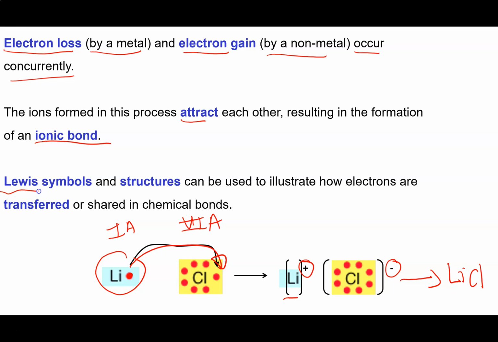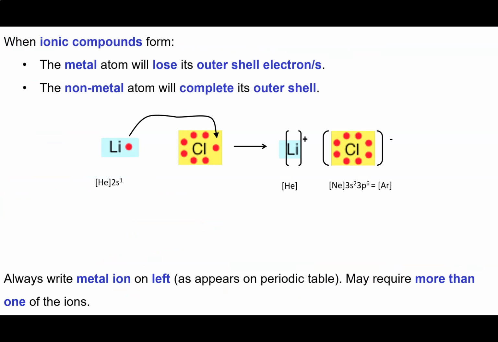You should be able to use Lewis symbols, or what are sometimes called Lewis structures, to illustrate this transfer of electrons in the formation of an ionic compound. So something to keep in mind when you're doing these diagrams is to recognize that the metal will lose all of its outer shell electrons. So you'll see here after the transfer there are no electrons left around the metal.